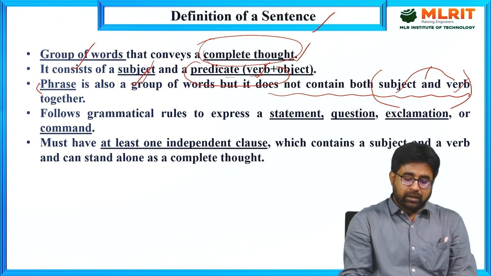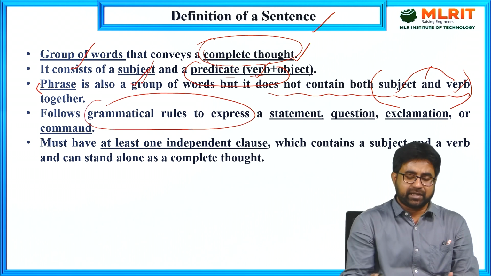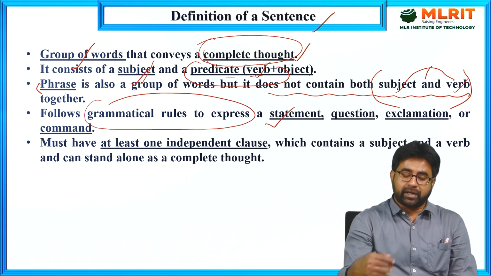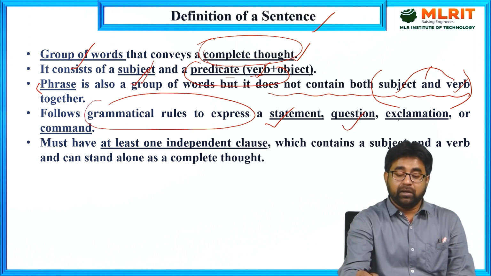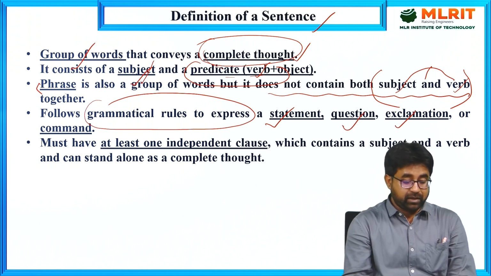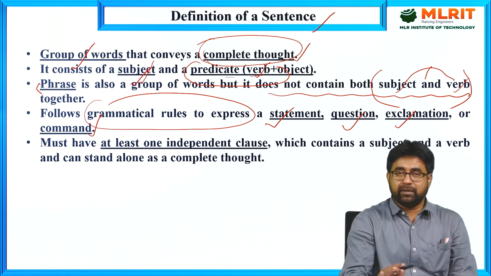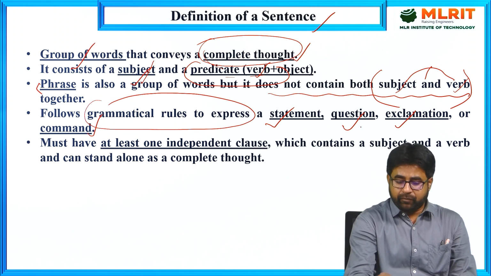Now, what is the role? We form sentences by following certain grammatical rules, and for which purpose? In order to make a statement, or to ask a question, or to exclaim something, or to command or request something, right? So these are the purposes of sentences. We use sentences basically for these reasons.